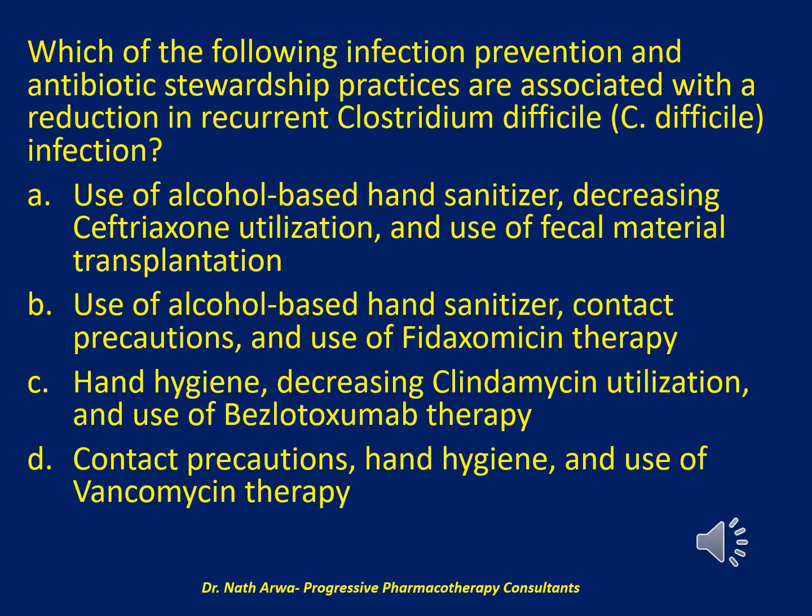Are they A, use of alcohol-based hand sanitizer, decreasing ceftriaxone utilization, and use of fecal material transplantation, or B, use of alcohol-based hand sanitizer, contact precautions, and use of fidaxomicin therapy, or C, hand hygiene, decreasing clindamycin utilization, and use of bezlotoxumab therapy, or are they D, contact precautions, hand hygiene, and use of vancomycin therapy? I will give you 10 seconds to choose the correct answer to this question from the listed options.